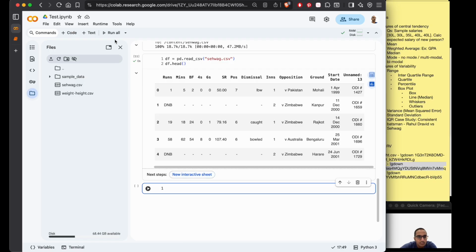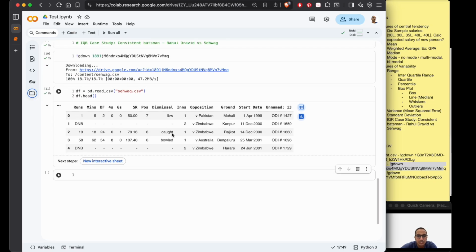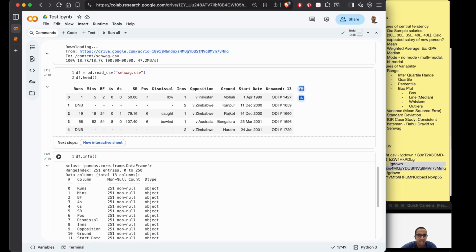Now we have to do some cleaning here because, as you can see, there are some unwanted values in the table, and also if we look at the info, the types of the columns are not convenient. Actually, we don't need all of them, so we don't have to convert each and every one, but we'll do it anyway.